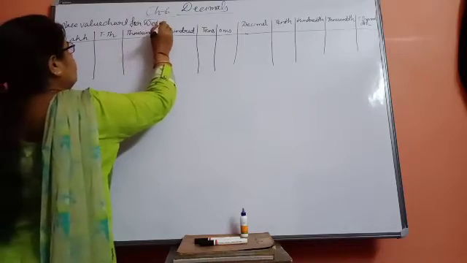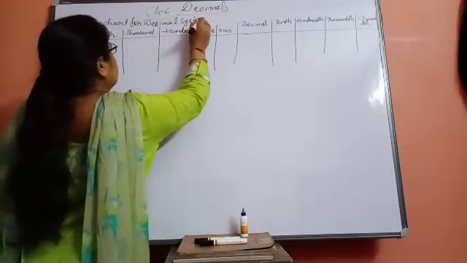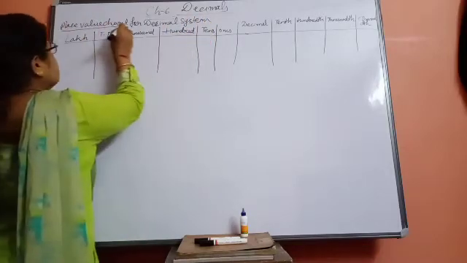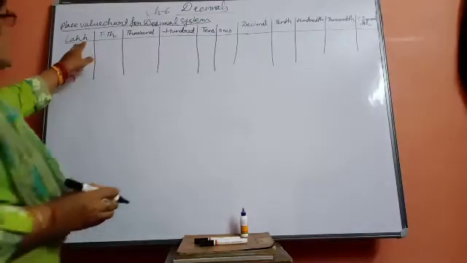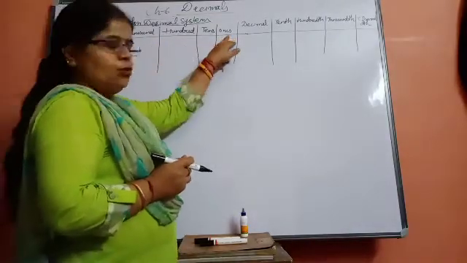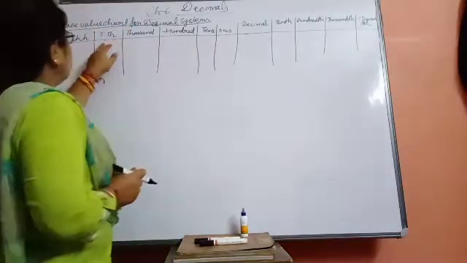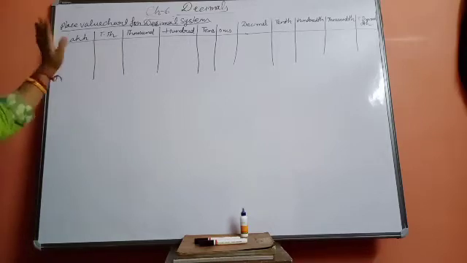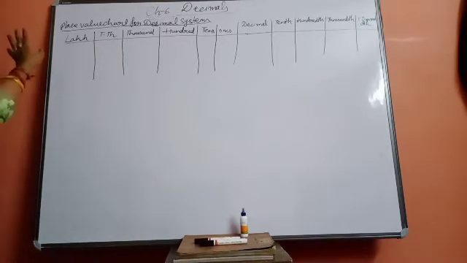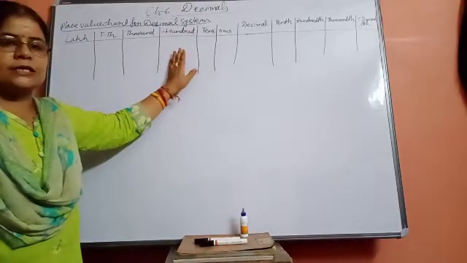I am going to explain how this system works. From here, you know, ones, tens, hundreds, thousands, ten thousands, lakh, ten lakh, crore, it moves on the left side. This you have learned for the number system.